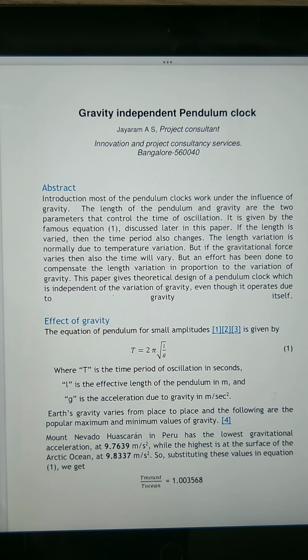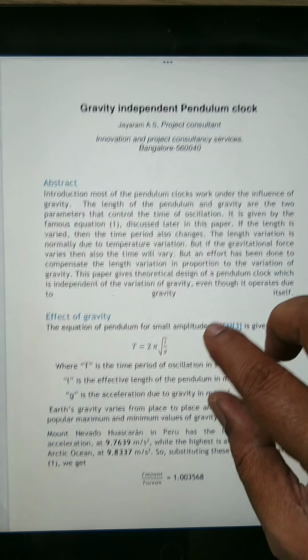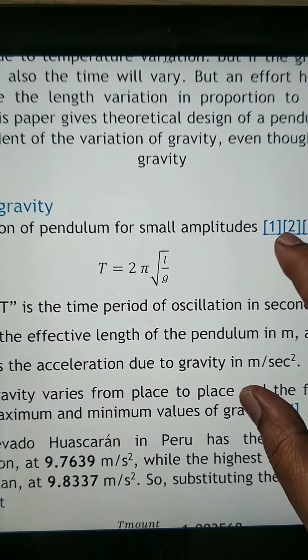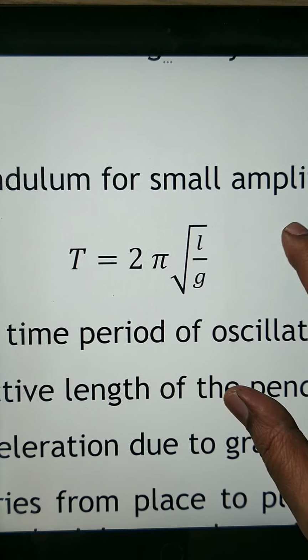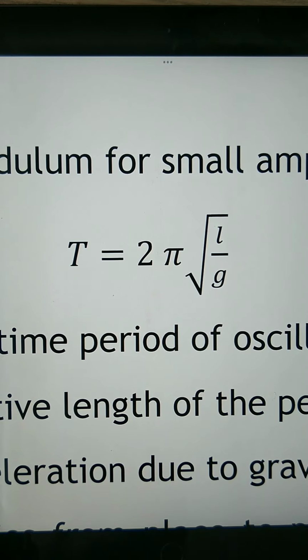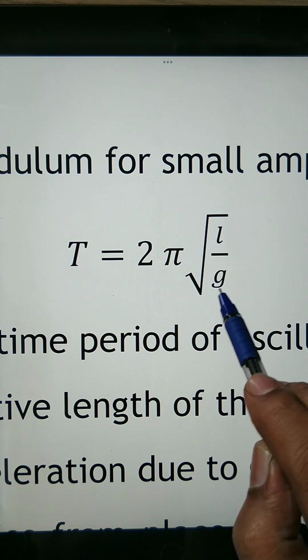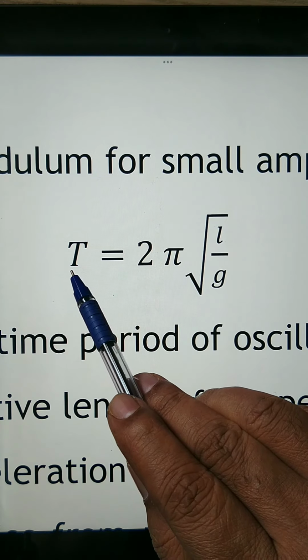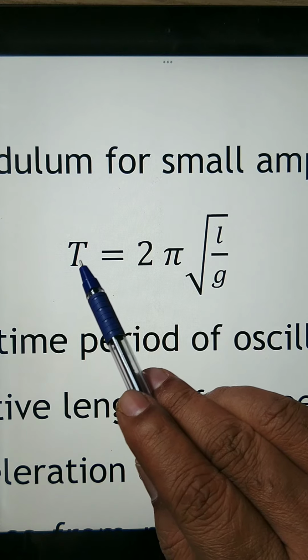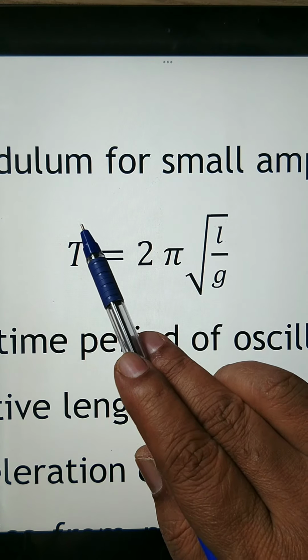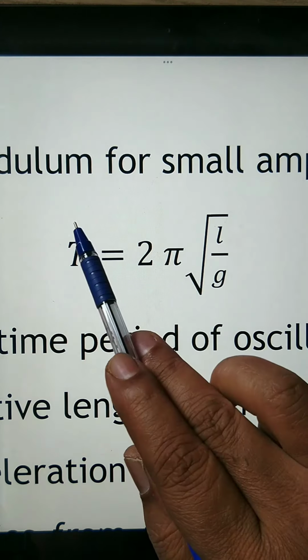See, we know that the pendulum is governed by the famous equation, which I am going to zoom in and show to you now: T equals 2 pi square root of L by G, where T is the time of oscillation of the pendulum from one end to the other end and back to the same end.